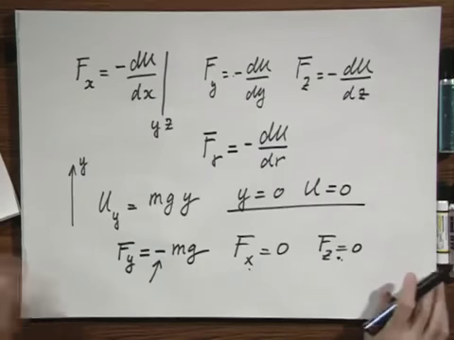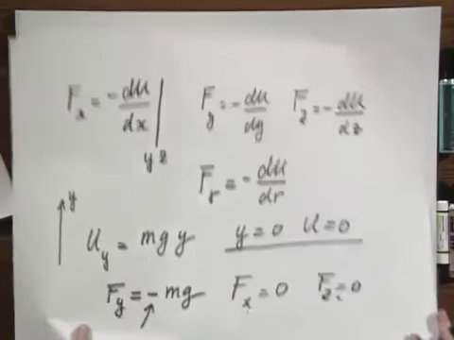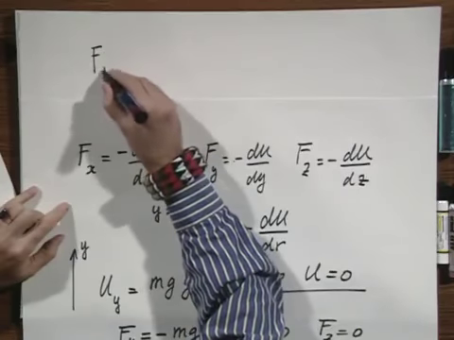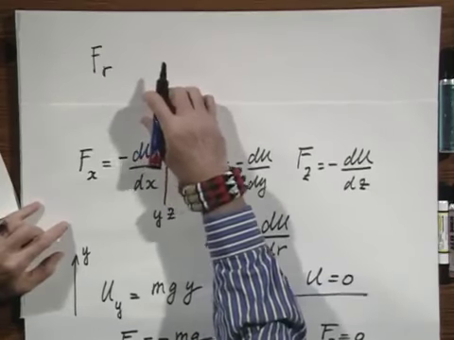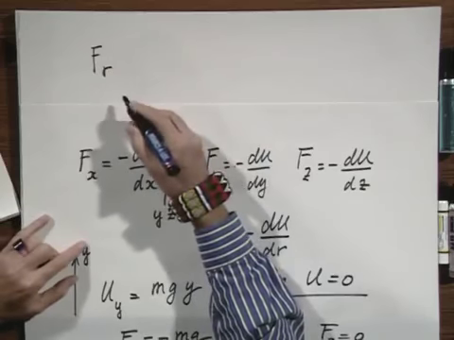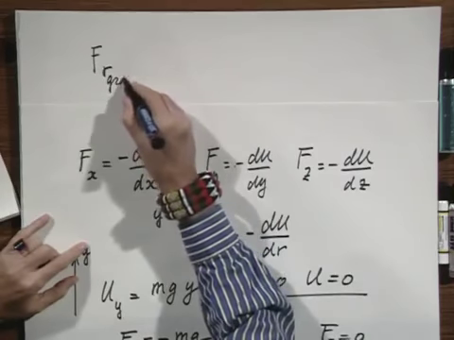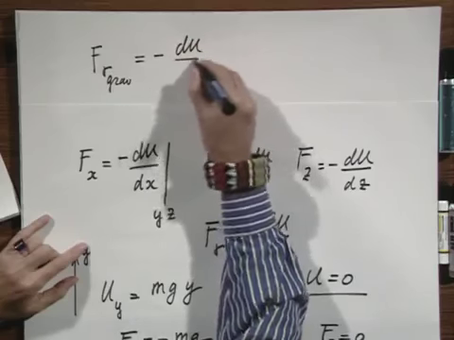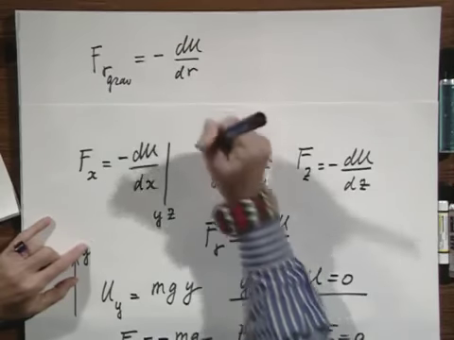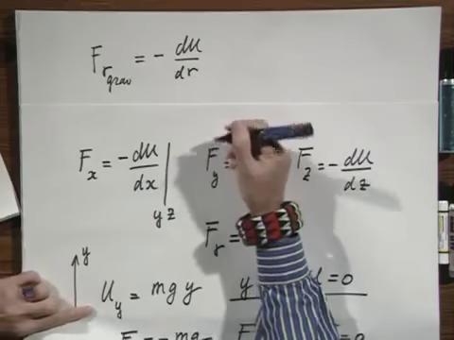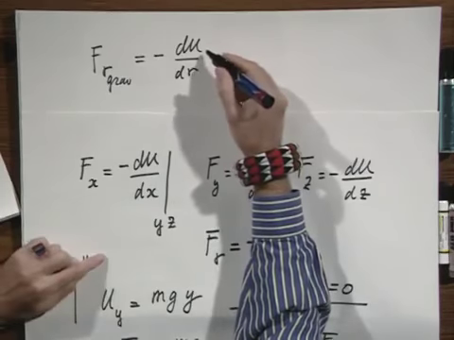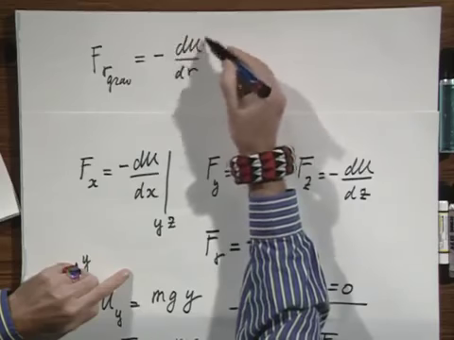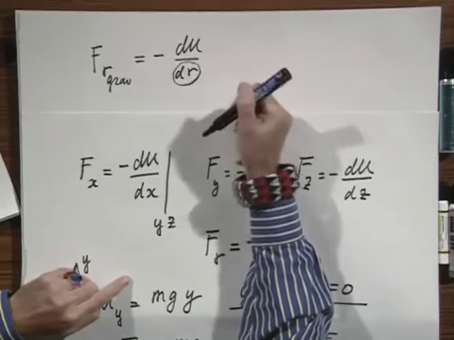Now the minus sign is also easy to see in the case of the sun, where we have only a radial dependence. The gravitational force would then be minus dU/dr. I have to do positive work to increase U. If dU is positive, it means that dr is positive.